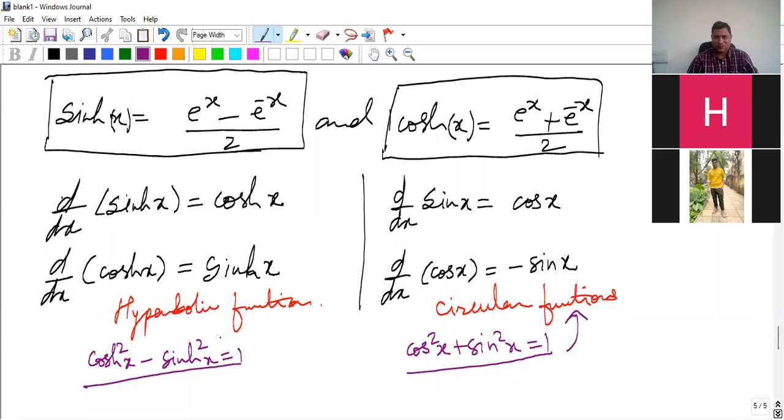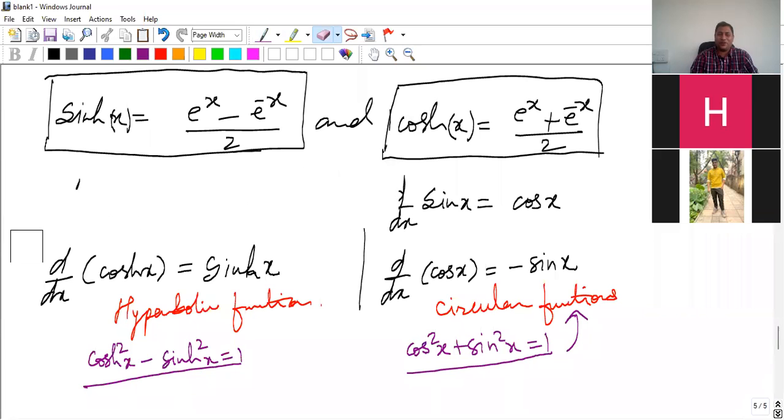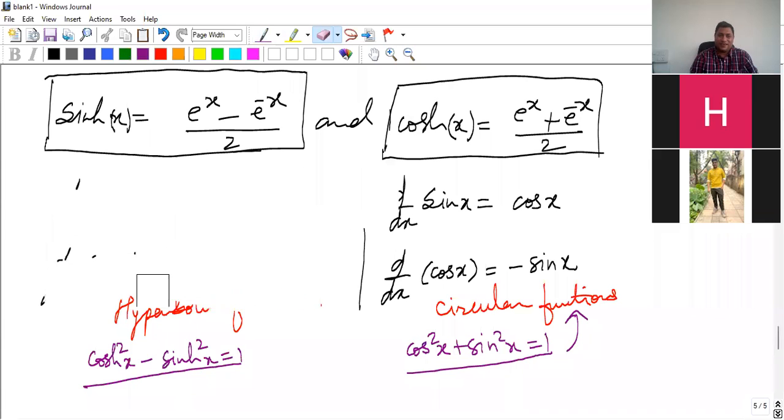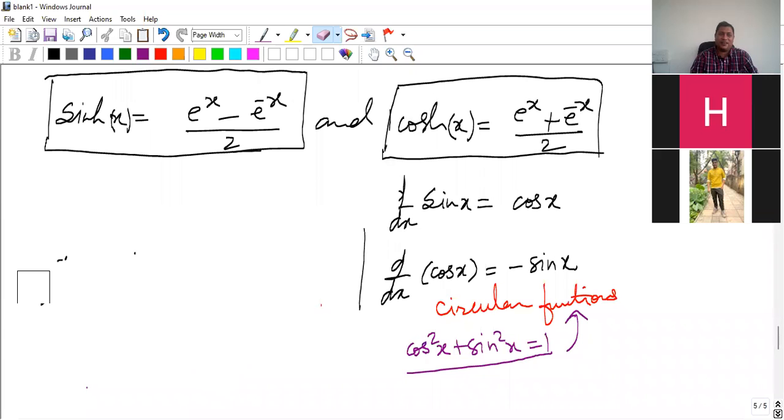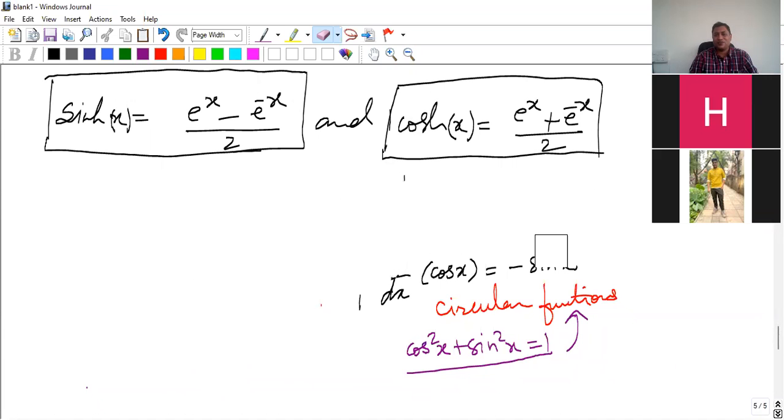Sir, so hyperbolic functions have nothing to do with trigonometric functions, right? They are just using the nomenclature of sine and cos. No, they are related. There is an entire module to understand the hyperbolic functions and trigonometric functions. So they are related.